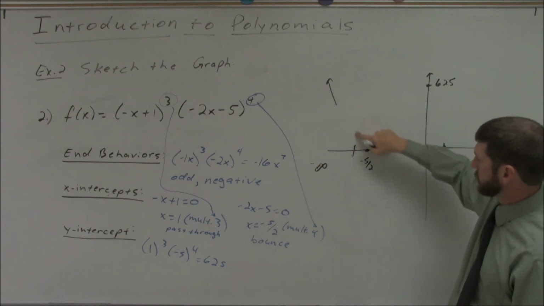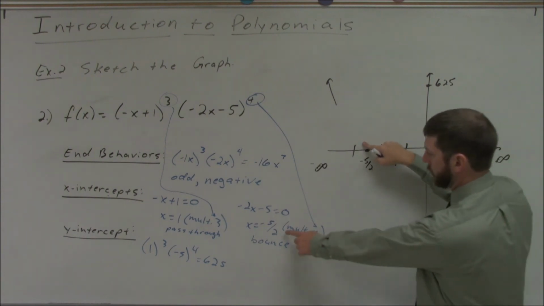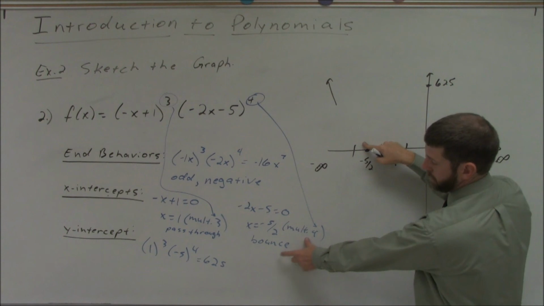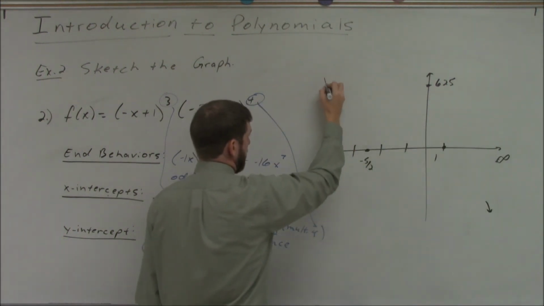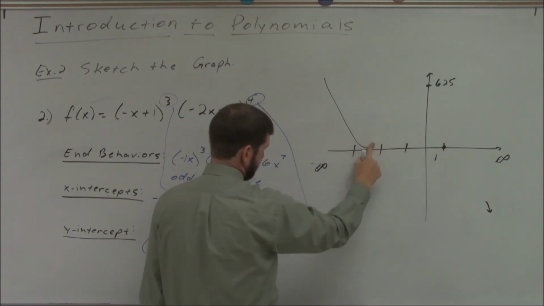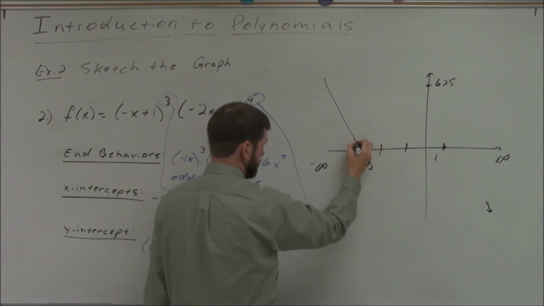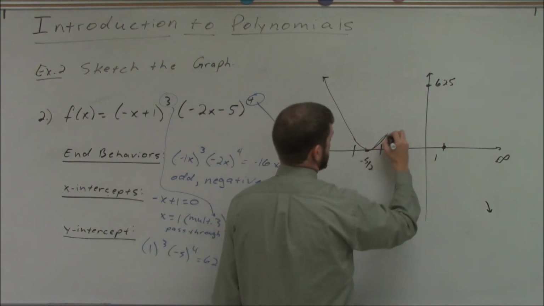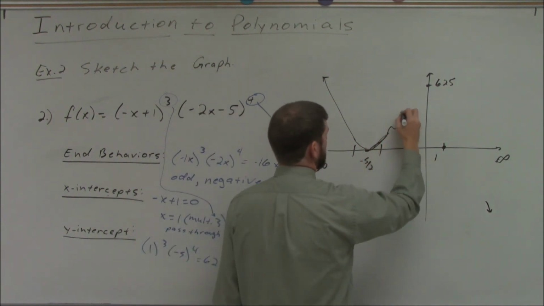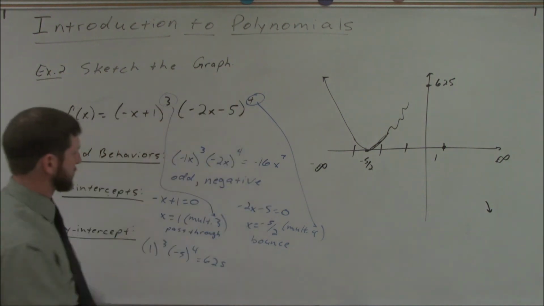So as we approach negative 5 halves, it was even, so that told us to bounce off that point. So I'm going to come into negative 5 halves, bounce off of it. Should probably make it actually touch it. Keep going on up. And it can do a lot of weird stuff. I mean, this is x to the 7th power.